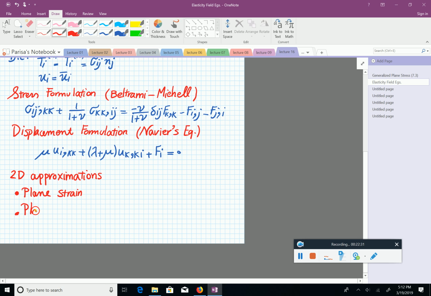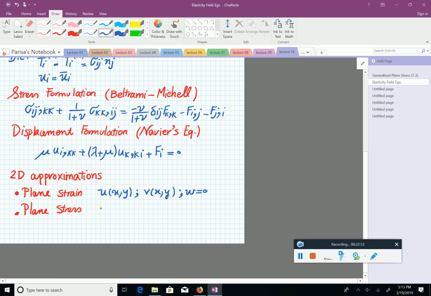And plane strain, how did we define it? We said U will be a function of x and y, v would be a function of x and y, but the out of plane displacement will be 0.